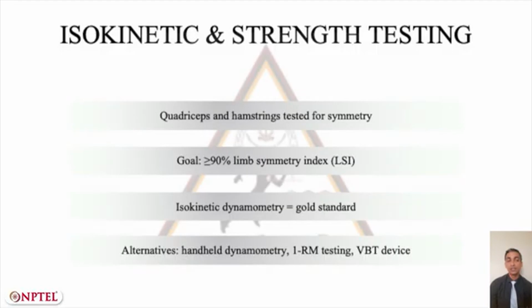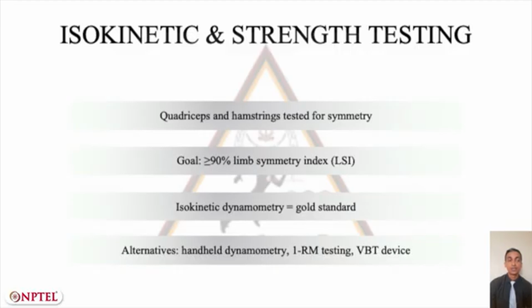It is considered the gold standard for objective muscle strength assessment, commonly used in ACL, PCL, and multi-ligament rehabilitation. A target of at least 90% symmetry compared to the uninvolved limb is widely accepted.